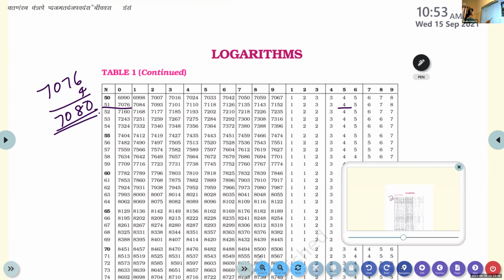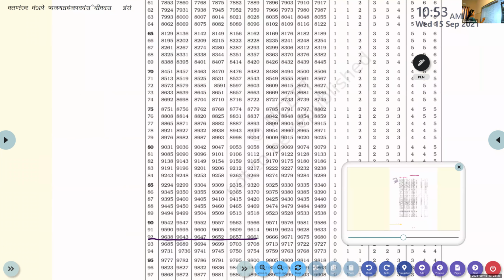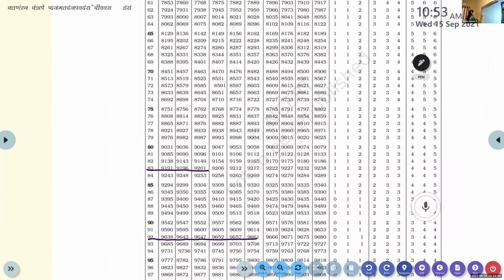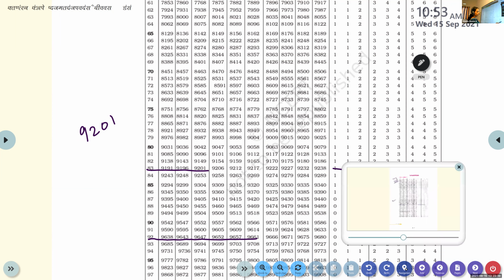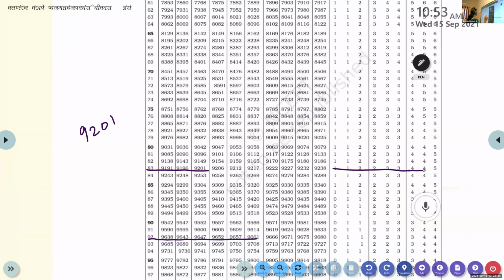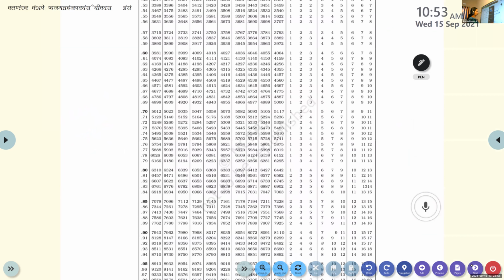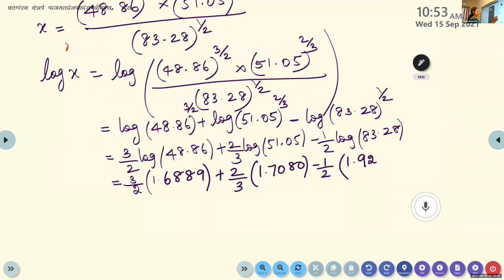So 9201 and 8. 8328, 1, 2, 3, 4, 5, 6, 7, 8. So it is 4. So we'll get 9205.